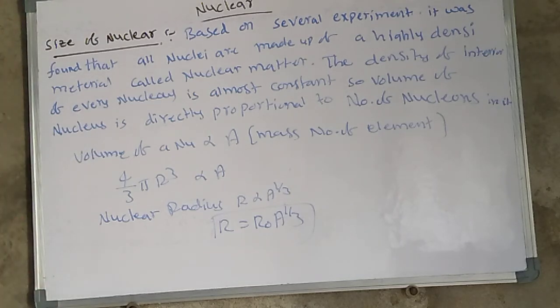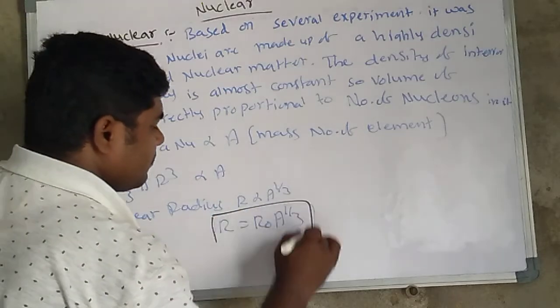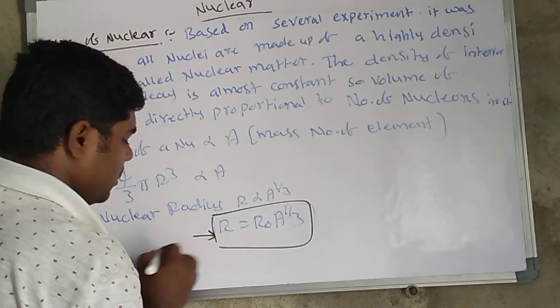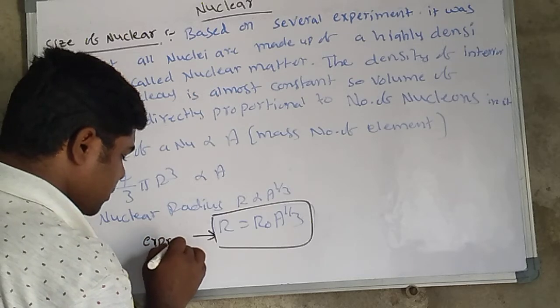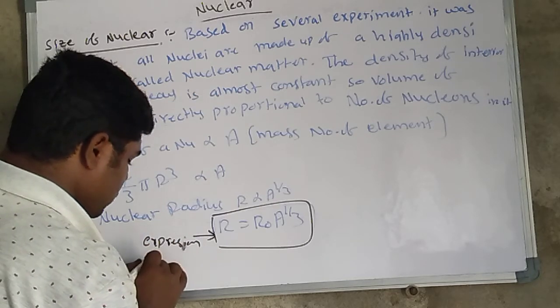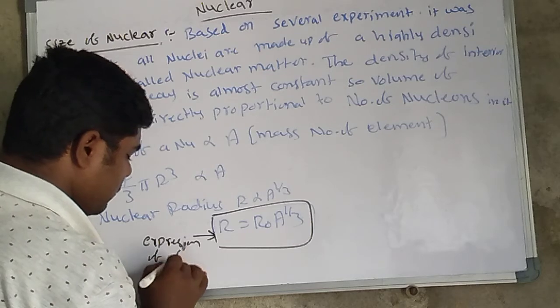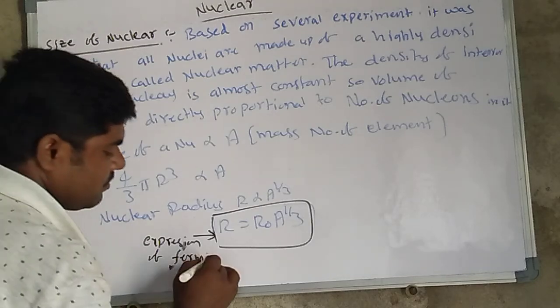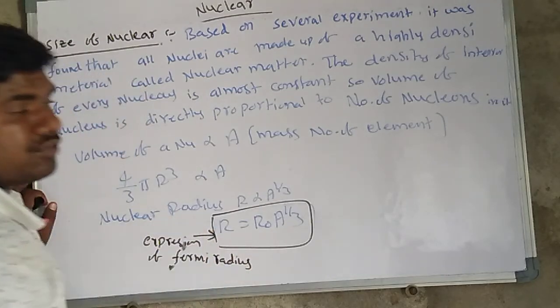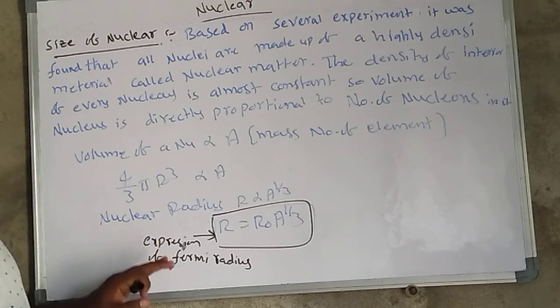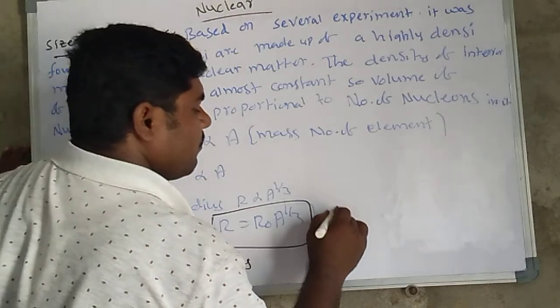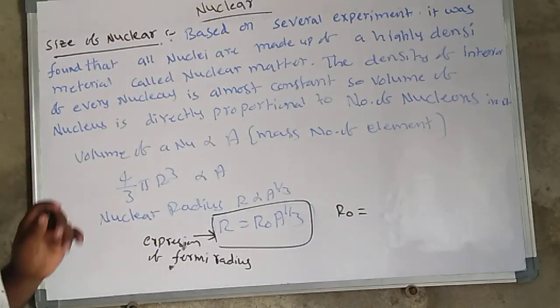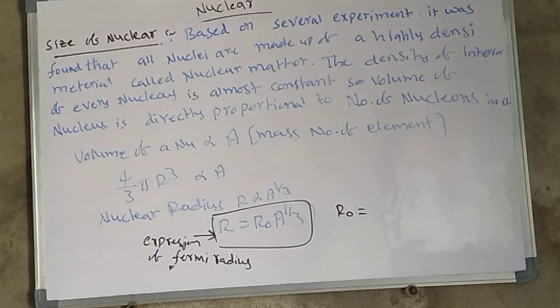This is the expression of the Fermi radius. Here R naught is a proportionality constant, or Fermi constant.